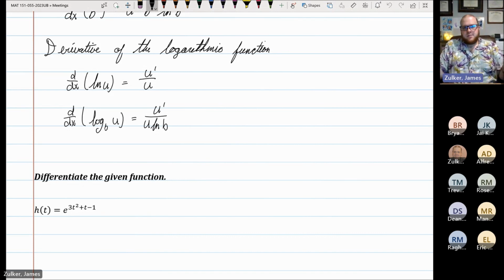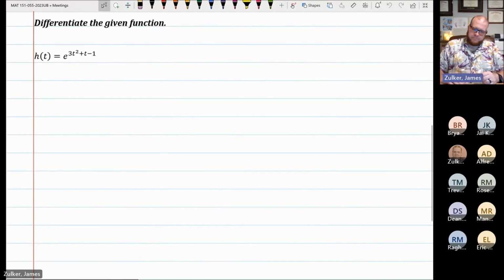We're just going to differentiate some functions. H of t given as e raised to the 3t squared plus t minus 1.